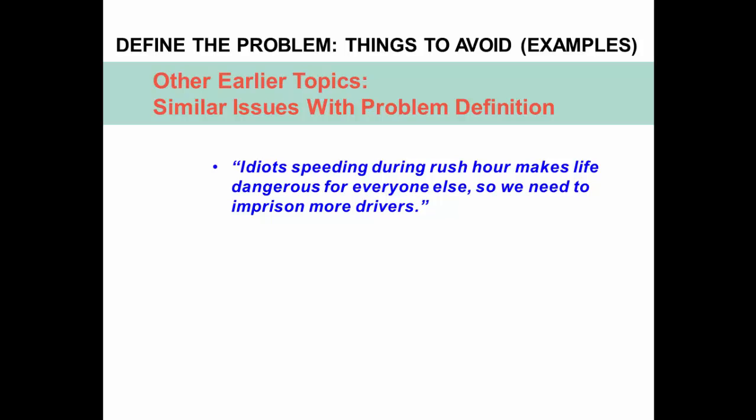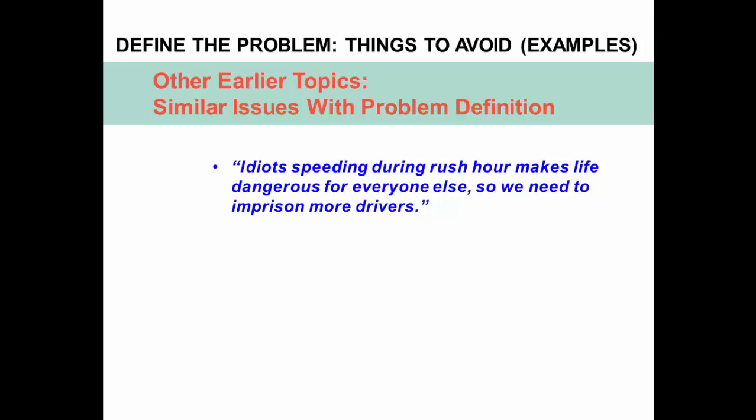Calling speeding vehicles, those drivers, idiots, certainly embeds a value statement. Identifying the victims of these choices as everyone else indicates that we won't be looking at how carefully they're driving, which of course could be an important factor. And lastly, this embeds a solution, namely throwing risky drivers into prison. We want to avoid all of these things, as we've discussed.